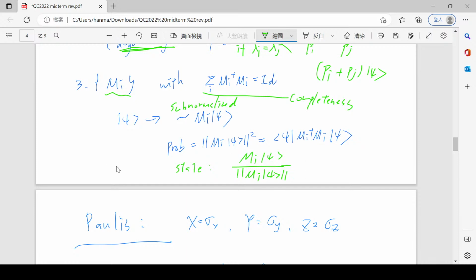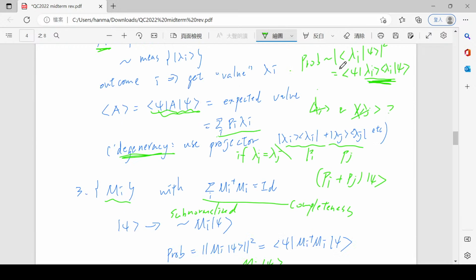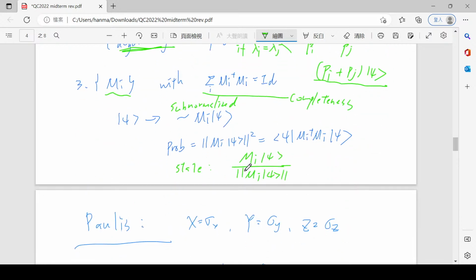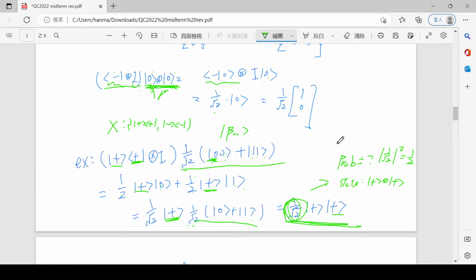And so we also use the subnormalized state trick here. We are thinking of this as a subnormalized state, so we can also read the probability and the state off from here.